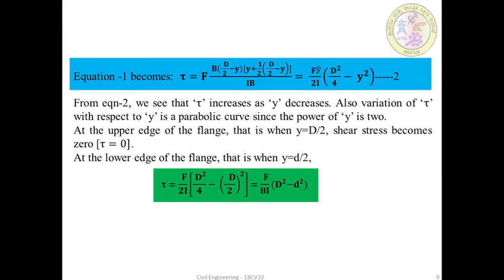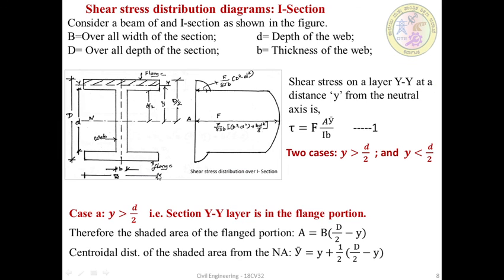So here the distribution of the shear stress is shown in the stress distribution diagram. This is the cross section of the I section, and this is the stress distribution diagram, and these are the two edges.